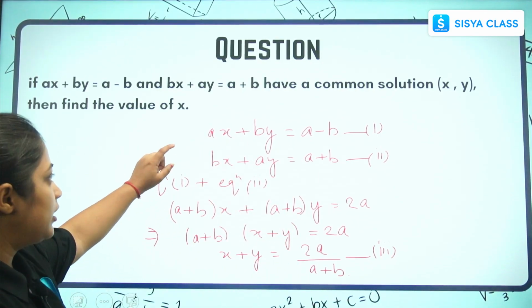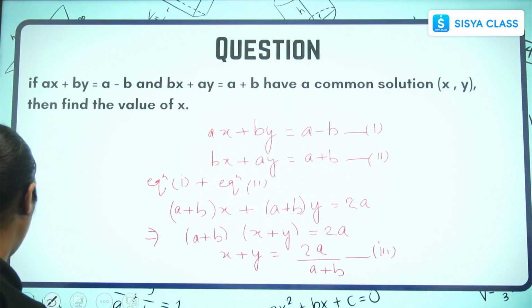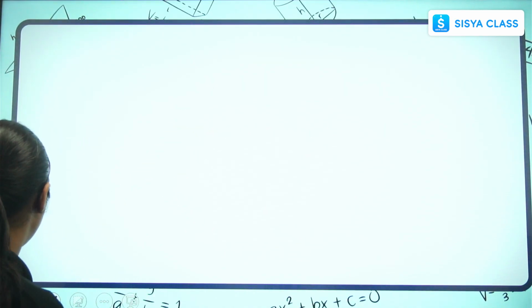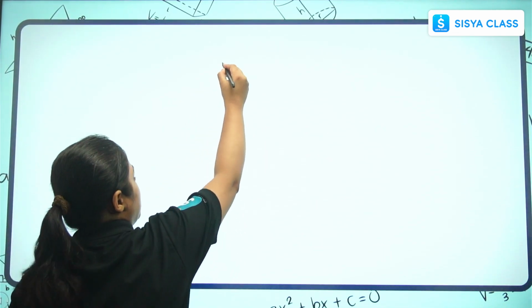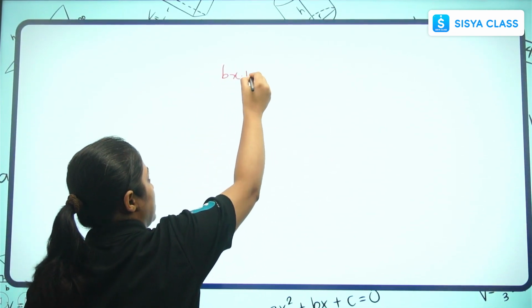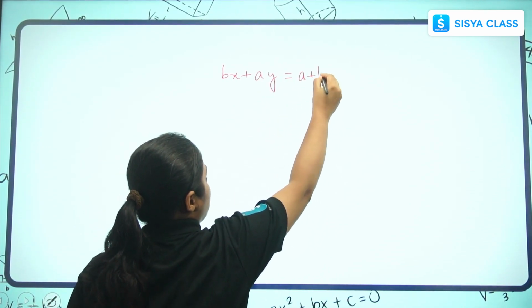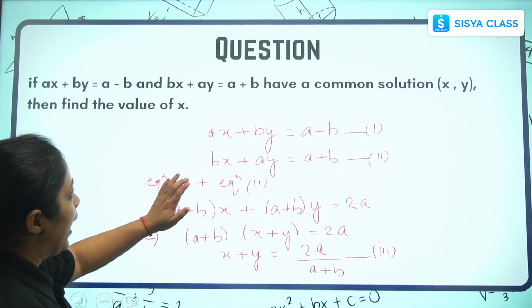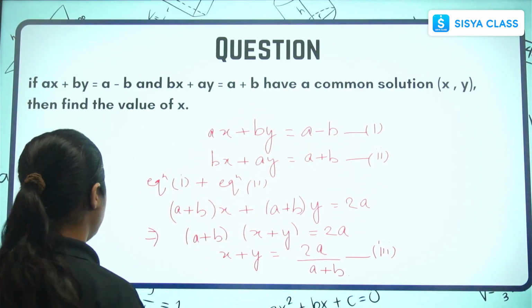Now subtract equation 1 from equation 2, okay? So you have equation number 2, bx plus ay equal to a plus b, and equation number 1 is ax plus by equal to a minus b.